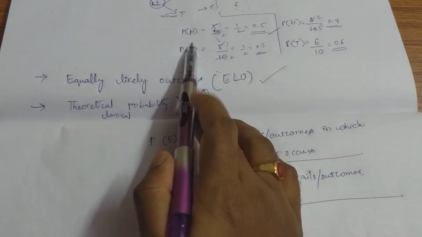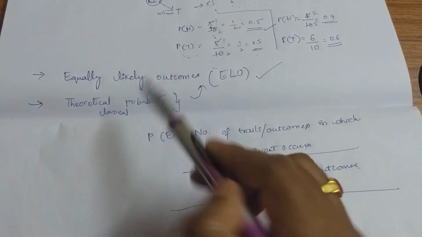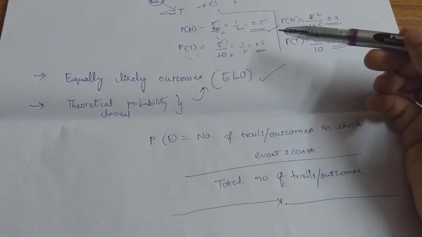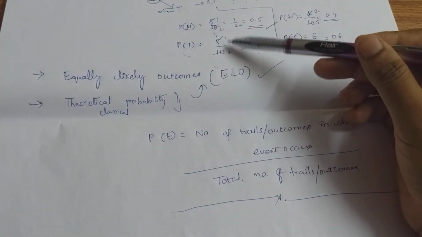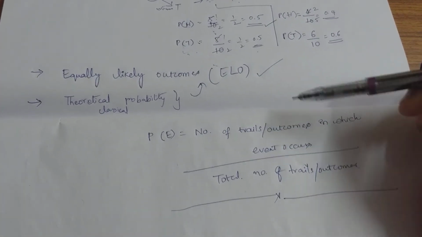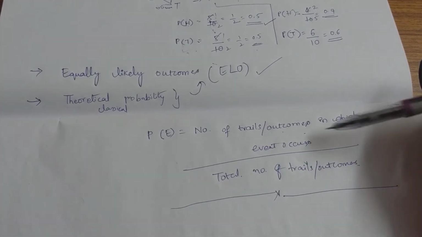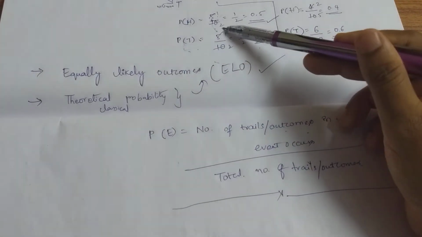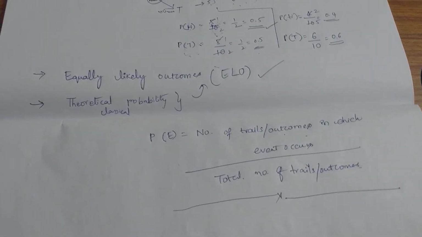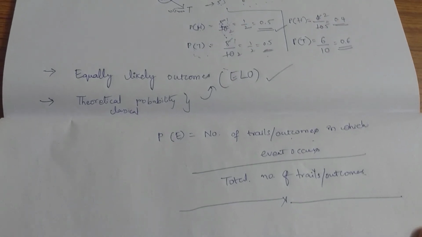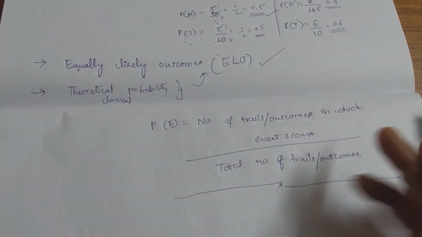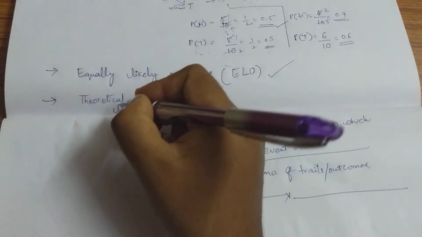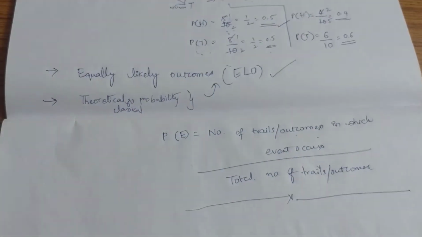Here head is an event and tail is an event. Clear? Two events are there, and the answer depends on this formula only: the number of outcomes in which the event occurs, 5, by the total number of trials or outcomes. This is also called theoretical or classical probability.